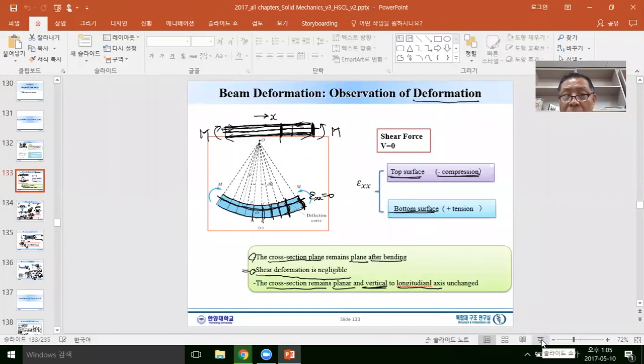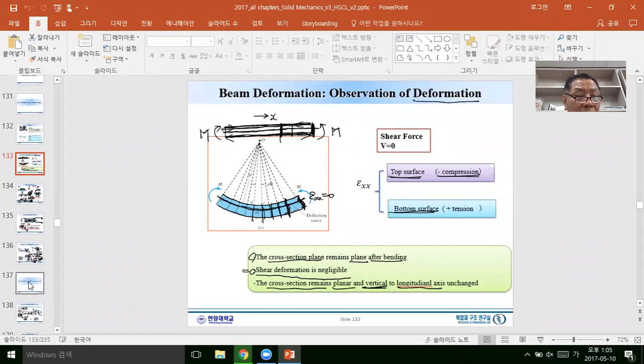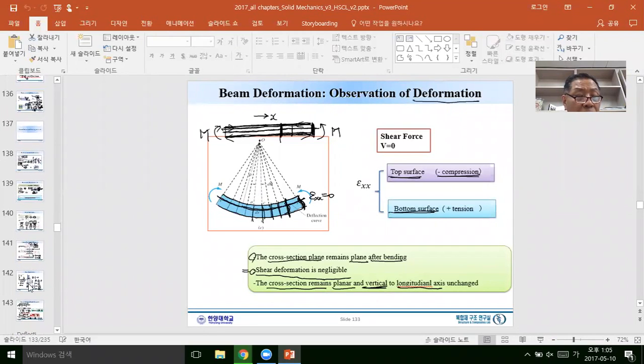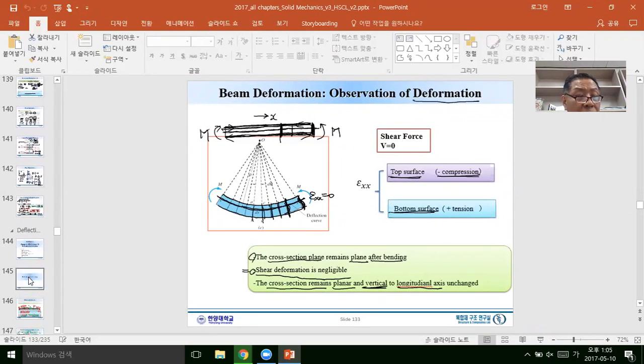So I would like to review again this beam theory, which again is very important, the most important topic in solid mechanics.